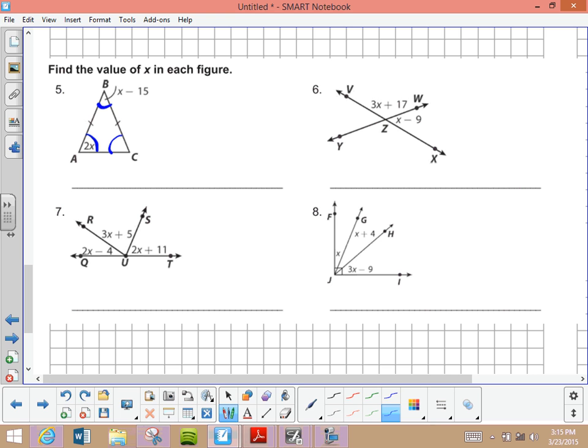What about the blank one? How do I find that? What makes you think it's the same thing as 2x? How do you know? Because they got the same. Ah, they have these two lines. That means they're congruent. They're exactly the same. So the lines are the same, and it's a triangle. Then this must be the same, which is 2x.